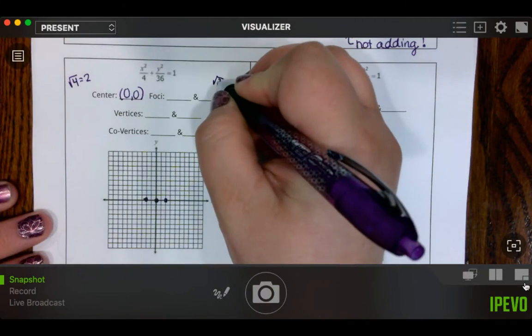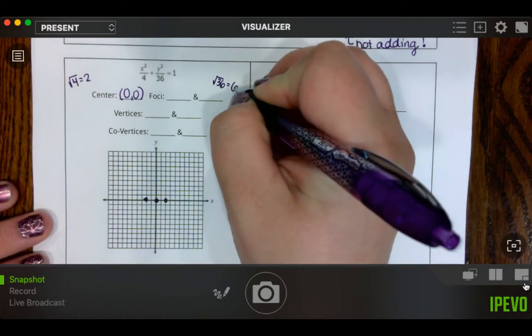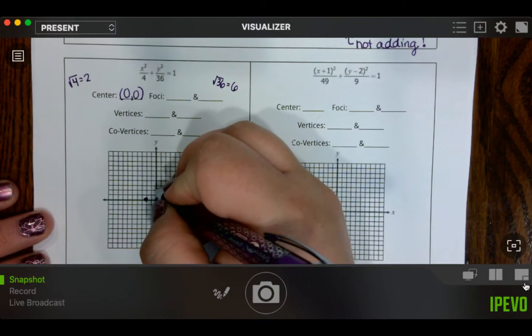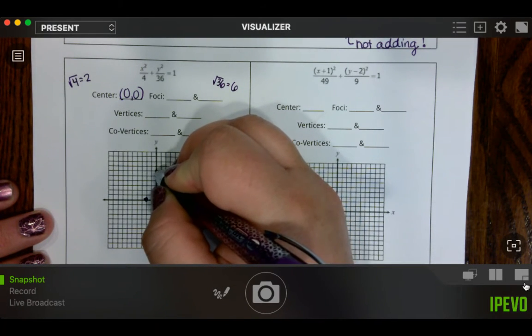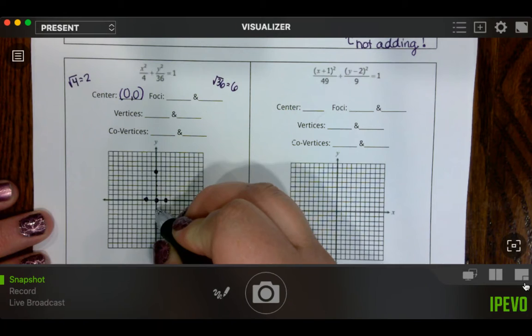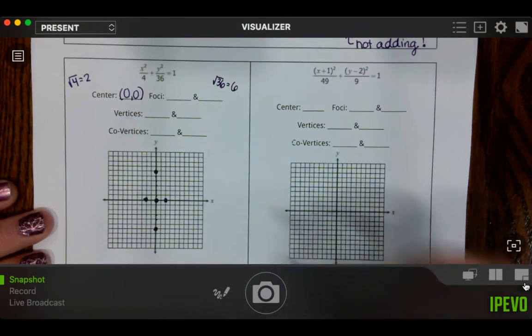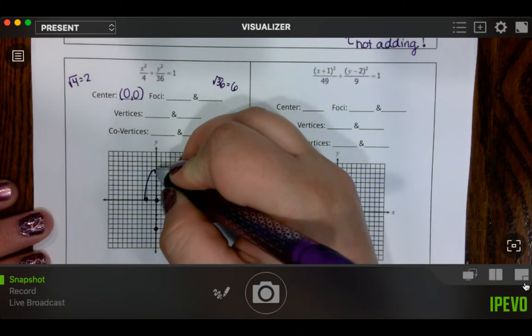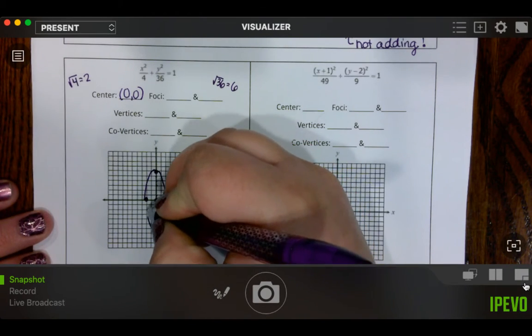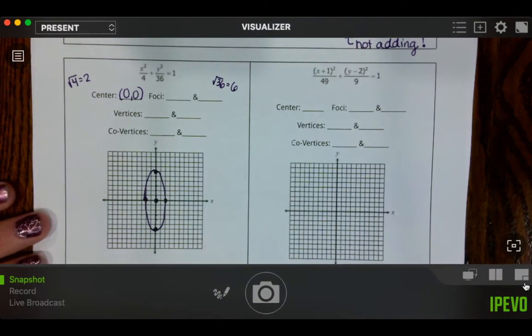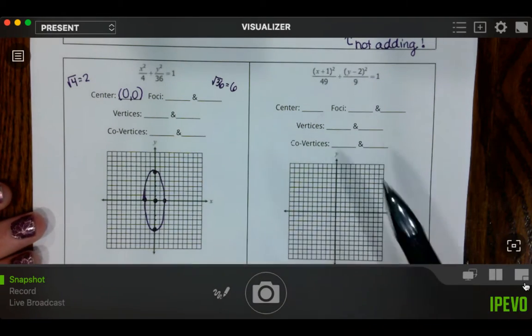And the square root of 36 is 6. So then I go up 6 and down 6. Like that. And that is the main parts of my ellipse. So now my vertices are the ones along the bigger side.